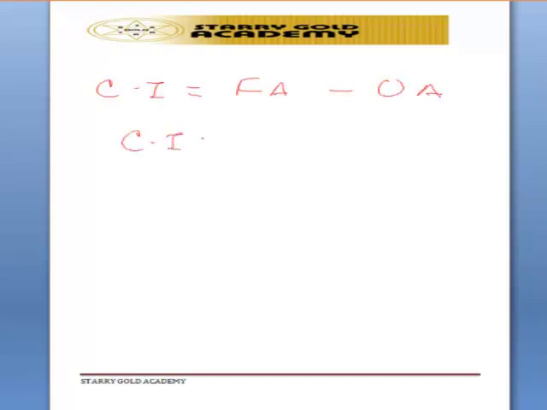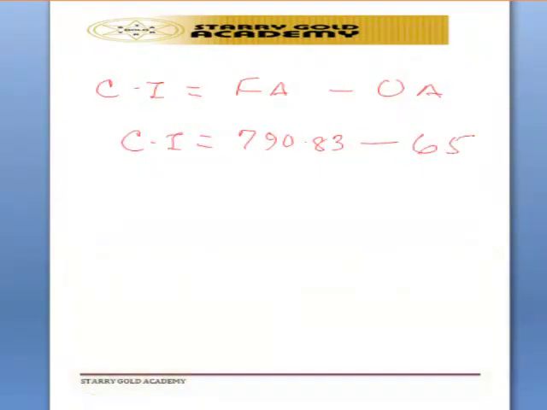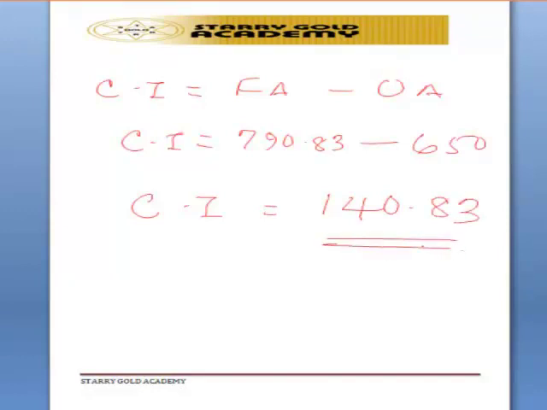So compound interest will now give us, our final amount is 790.83 minus the original amount, which is 650. Therefore, compound interest is equal to 140.83. That's our compound interest. That's a simple definition and computation with respect to simple interest and compound interest.